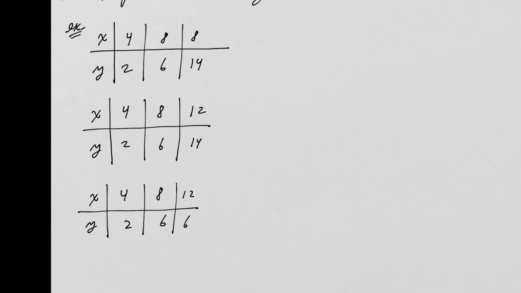If I look at the first table, my x's, the first row, are my input values. Well, look what happens here. The 8 repeats, right? So what's true about that first one? It's a relation, but it's not even a function. All right, look at the second table, the input values.